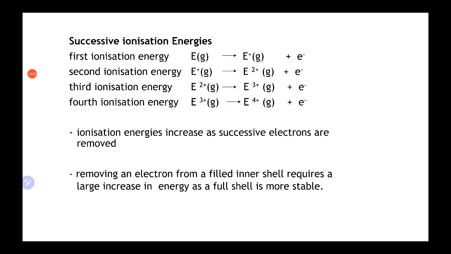The reason for that again is because either you've got more protons than electrons, or sometimes we end up with a stable shell. Back at National 5, you would have looked at the fact that atoms like to have 8 electrons in their shell and things like that. That's what we call a stable shell.